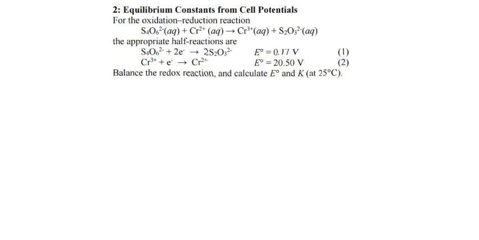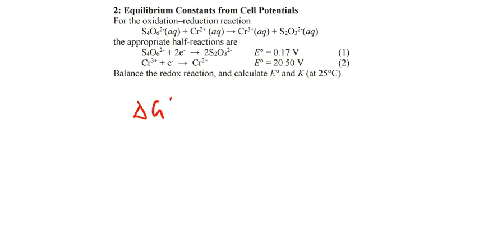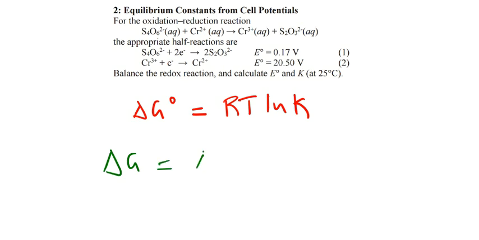There's a formula relating standard Gibbs free energy to RT natural log of K, the gas constant and natural log of K. Of course, this equation comes from the calculation of the non-standard Gibbs free energy, which is the summation of that.